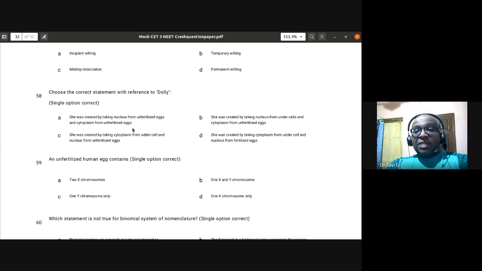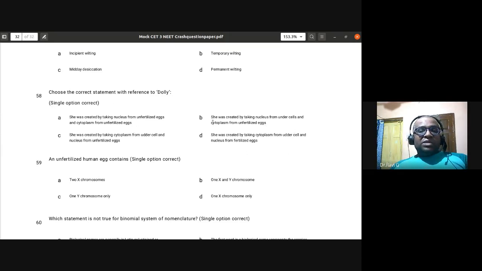She was created by taking nucleus from udder cells and cytoplasm from unfertilized eggs. She was created by taking cytoplasm from udder cell and nucleus from unfertilized egg. She was created by taking cytoplasm from udder cell and nucleus from fertilized egg. B is the correct option.